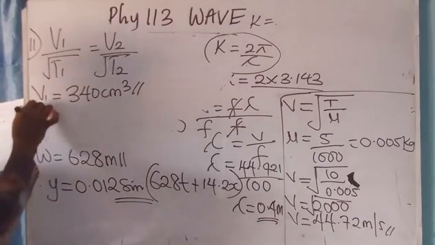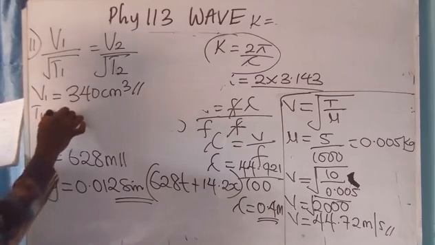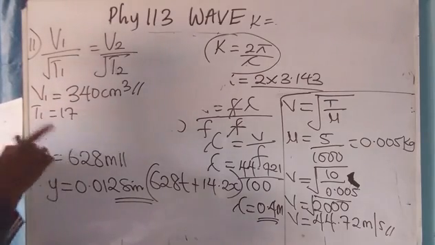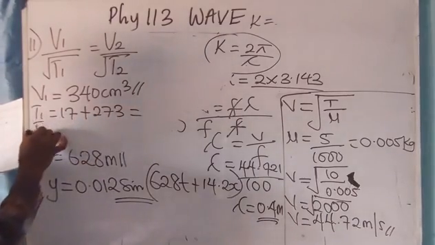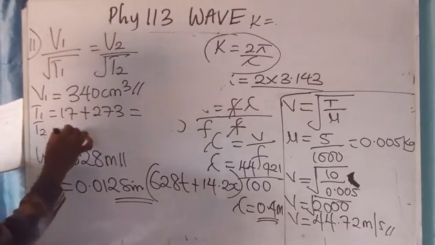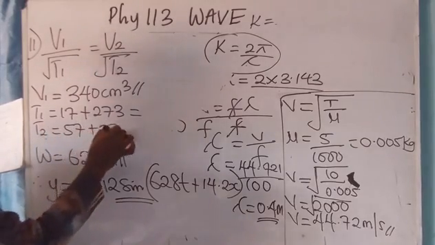So from the equation, T1 is 17, so you have to convert to Kelvin. You say plus 273. Then T2 is 57, so you say 57 plus 273.